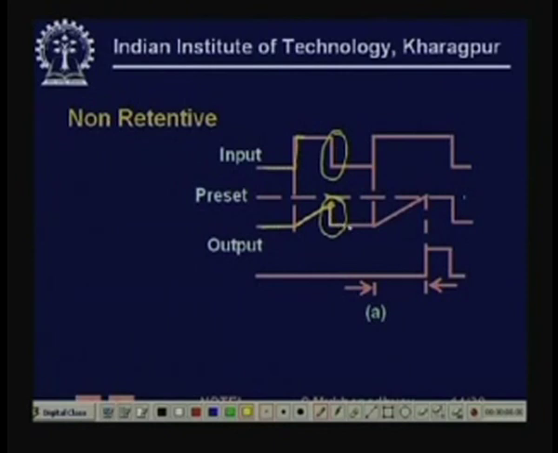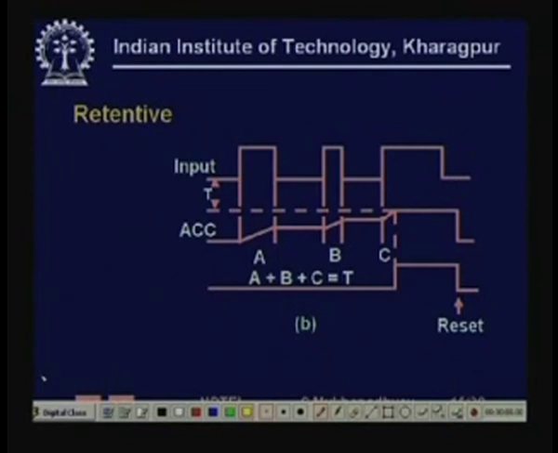So every time you get another timing signal, it again times, and this time because the input stays 1 for a much longer time, the preset value is reached, and when it is reached the timer output is asserted. See, here the timer output is not asserted because the timing register did not exceed the preset value. So this is called a non-retentive timer.